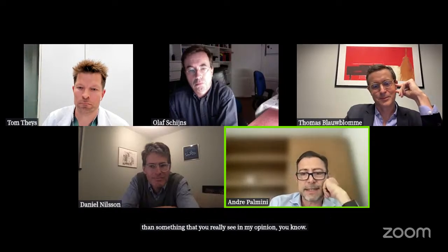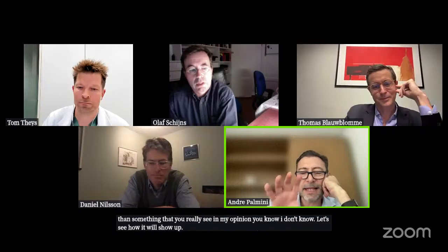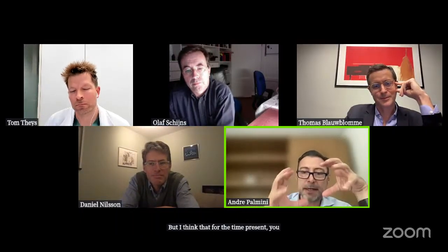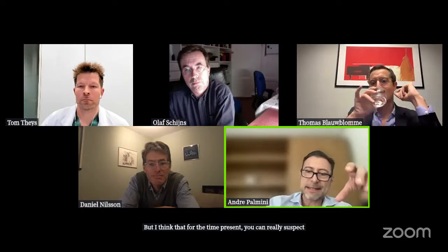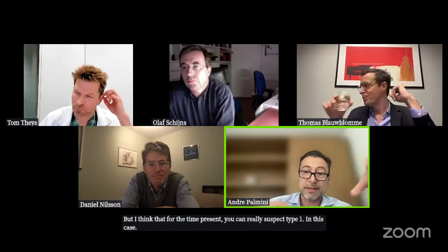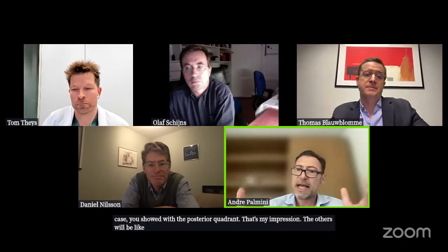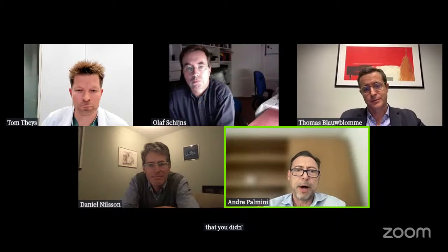Let's see how it will show up. But for the time being, you can really suspect type 1 in the case you showed with the posterior quadrant. That's my impression. The others will be a microscopic diagnosis that you wouldn't know. It would become type 1 or type 2A. I think that sometimes you have these doubts.